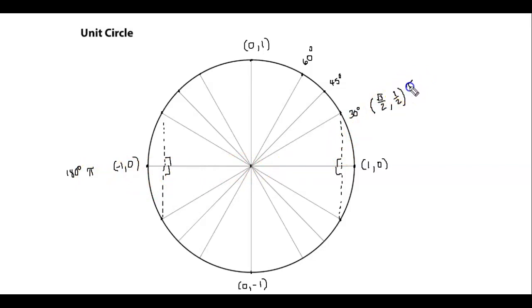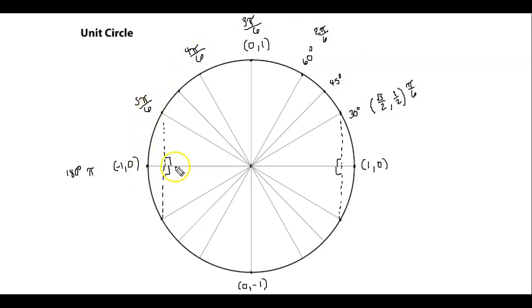This would be pi over 6 radians. This one would be 2 pi over 6 radians, this one 3 pi over 6 radians, this one 4 pi over 6 radians, and this one 5 pi over 6 radians, because then I get to 6 pi over 6, which is just pi.